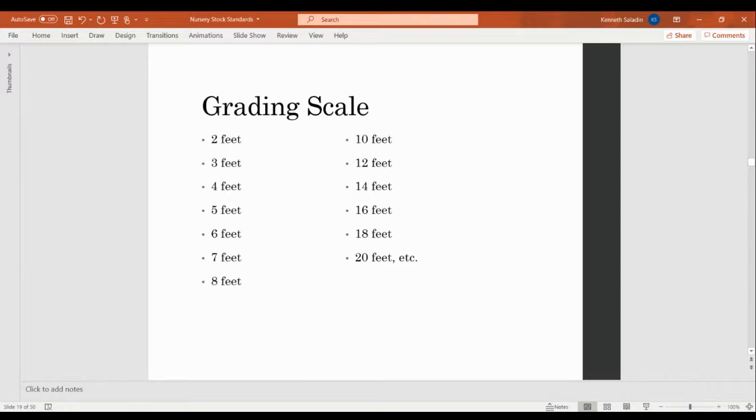So looking at this grading scale, if we had a multi-stem tree and it measured 7 feet 2 inches tall, the question is, what grade will we put it in? Well, it's not big enough to be considered an 8-foot because it has to at least measure 8 feet to be assigned that grade. So if it's 7 feet 2 inches tall, it would be graded as a 7-foot shrub.